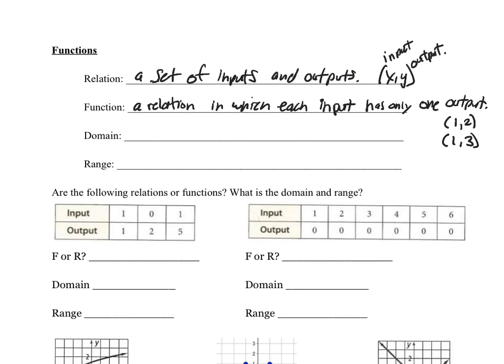Now, when studying functions, one thing we'll be interested in is what can you use as the inputs and what do you get out as the outputs? And we have two special terms for that. The domain is all possible x values.